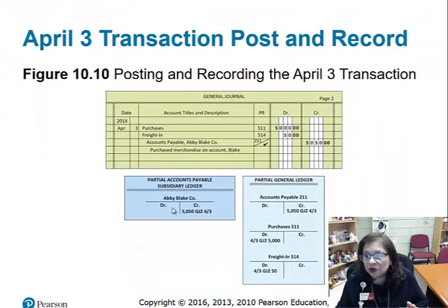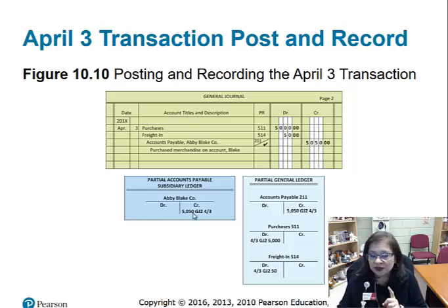So here, this is what this would look like with the individual account numbers. Remember, we place a check here to show that not only have we placed it in the controlling account, but also into the subsidiary account. That's all we're doing there.